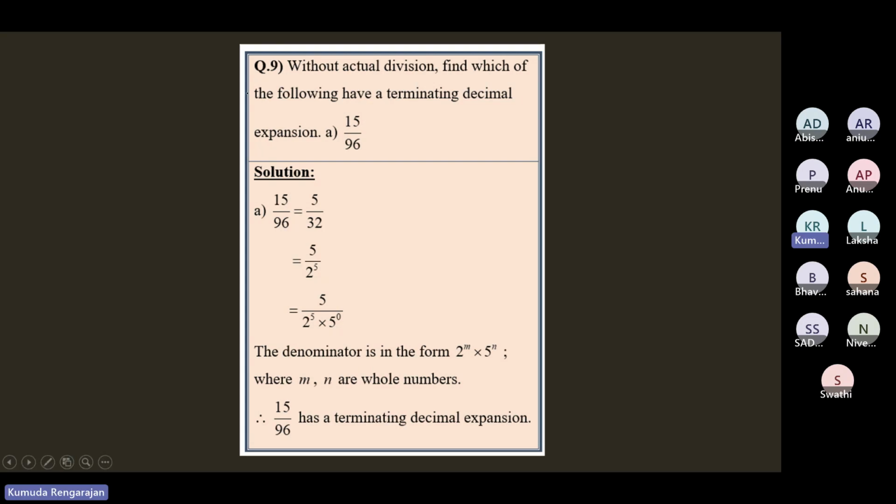So how do you, without division, just look at this and say if it has a terminating decimal expansion or not?